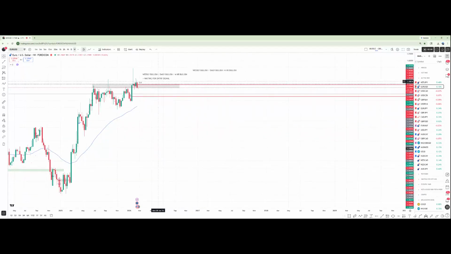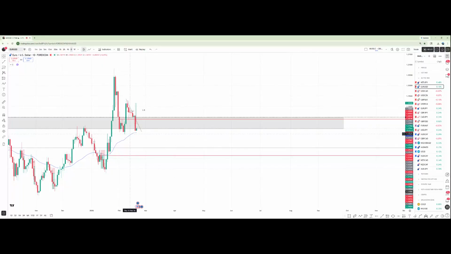Euro USD. The reason why I didn't enter is because we are on the higher high on the weekly time frame. So currently, price action is bearish. On the daily time frame, we are bullish, exactly bullish.